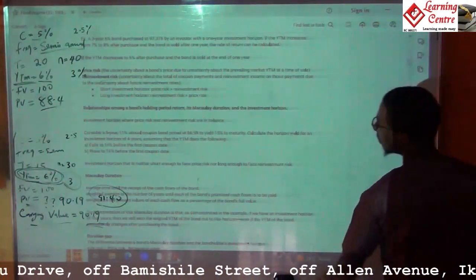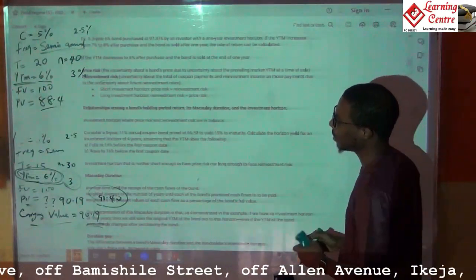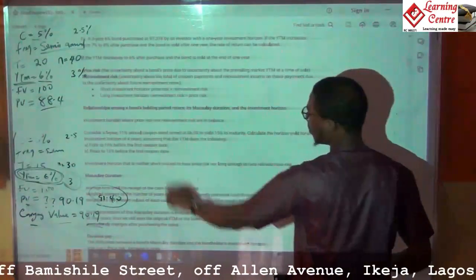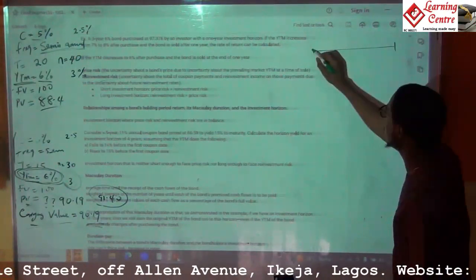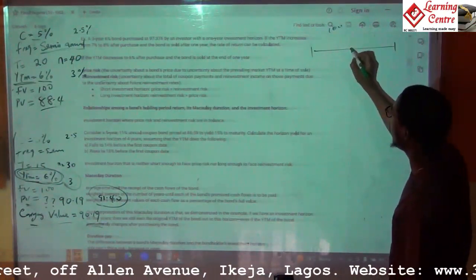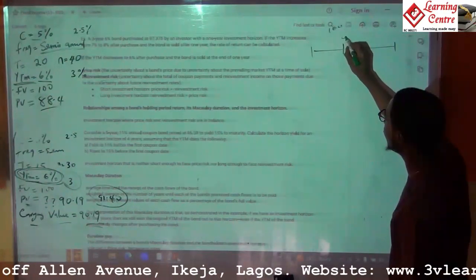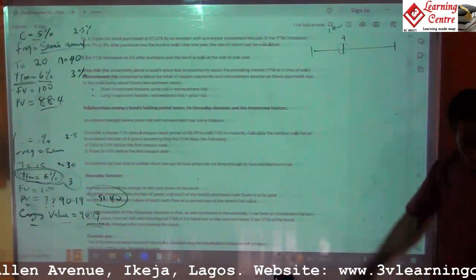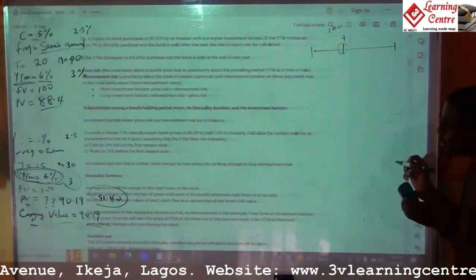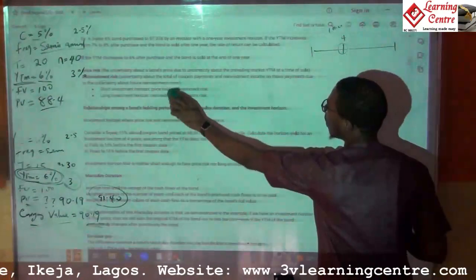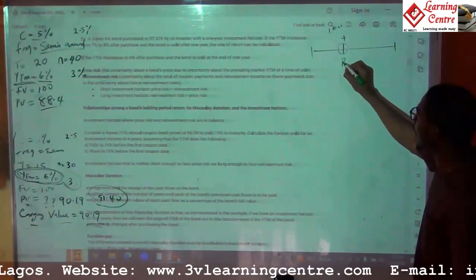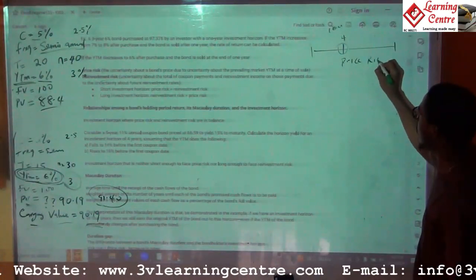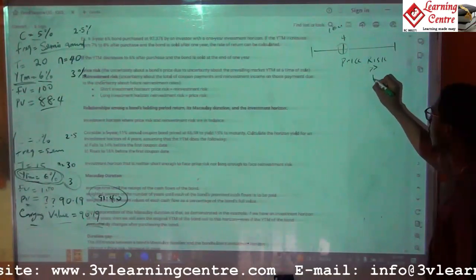If I have a short investment horizon, I bought a 10-year bond but I know in my heart that I will need money in 4 years and will be forced to sell, that means I have a short investment horizon. I'm worried more about my price risk than the reinvestment risk.